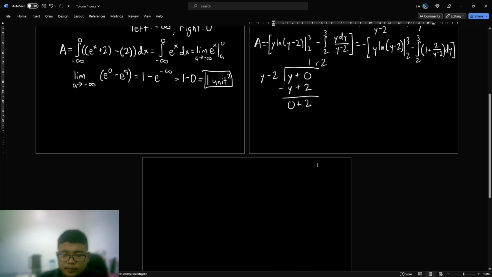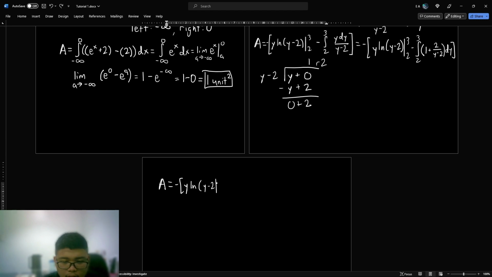Continuing this, we're going to get the area equal to negative of [y ln of (y minus 2) evaluated from 2 to 3 minus (y plus 2 ln of (y minus 2)) evaluated from 2 to 3].